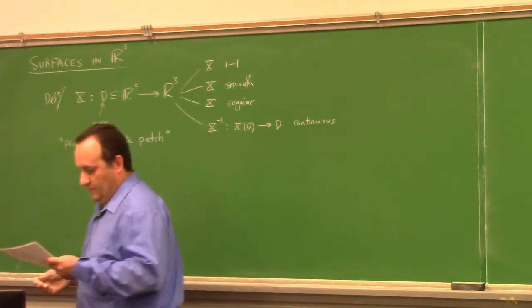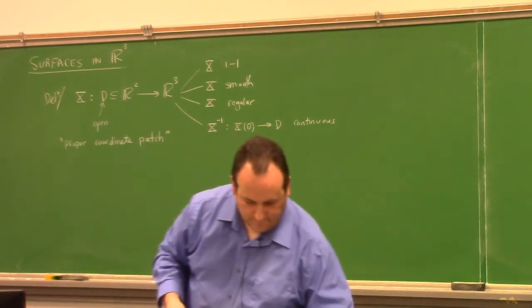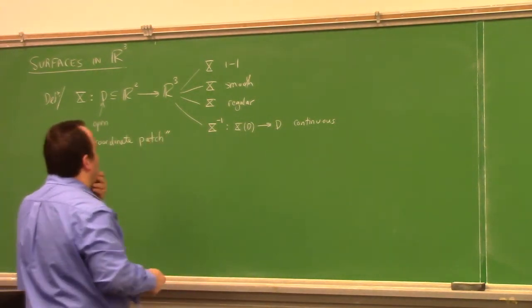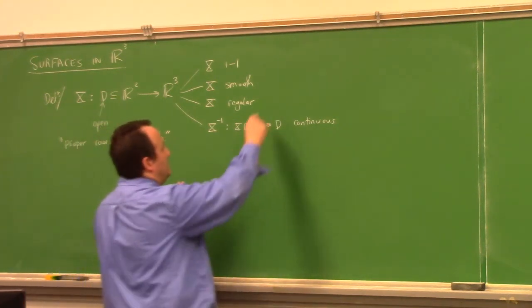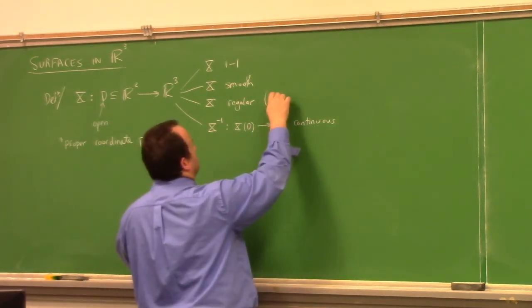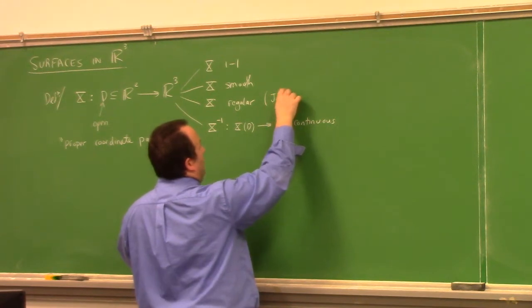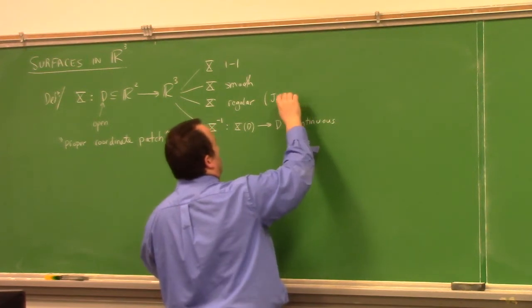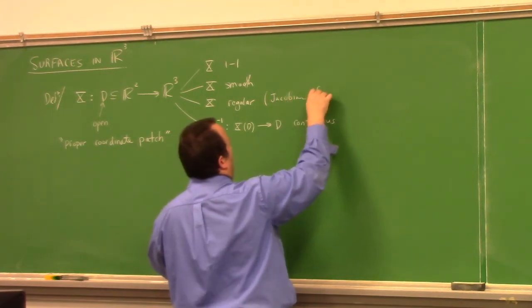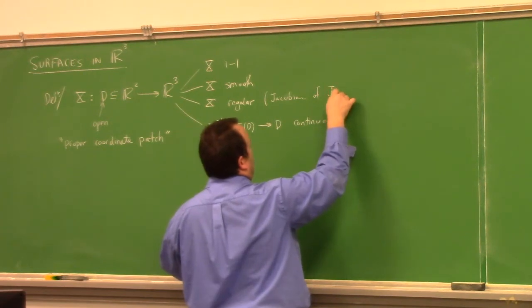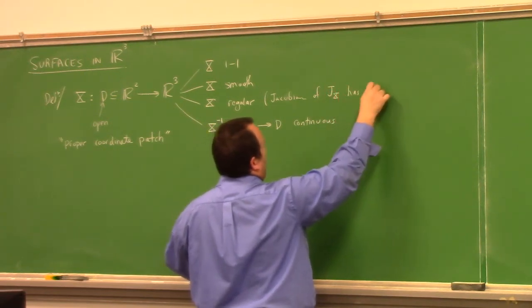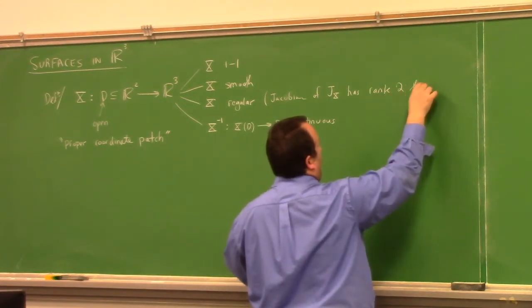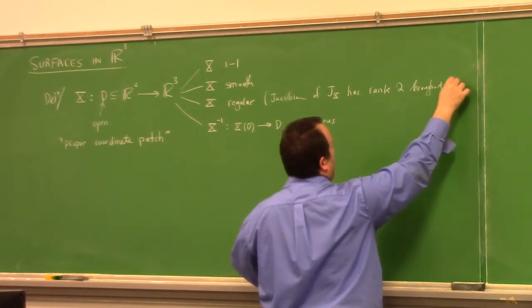Now, that term, regular, all right, regular here means that the Jacobian of X, let's say Jx, has rank 2 throughout D.